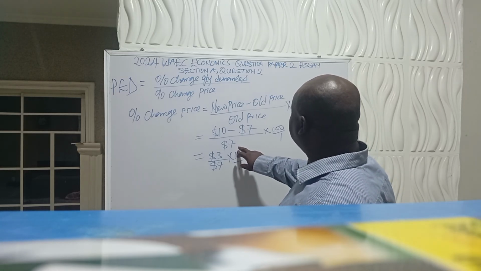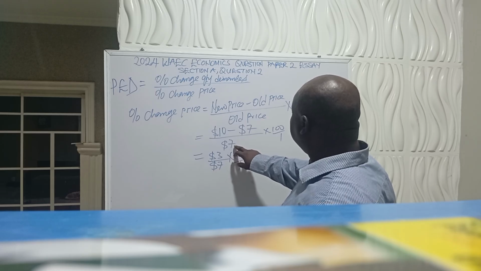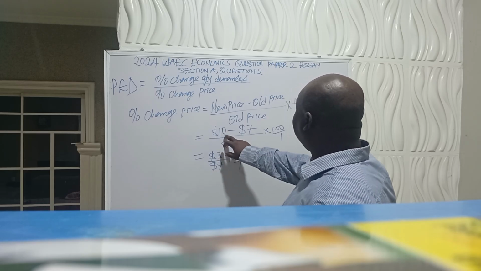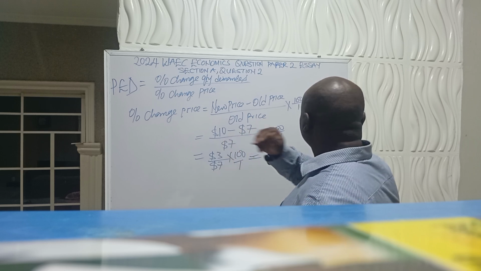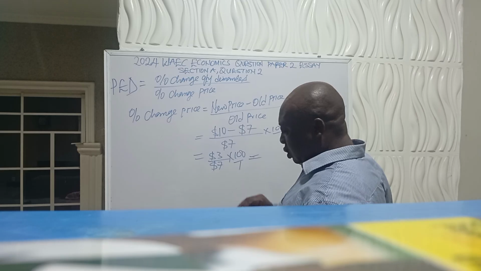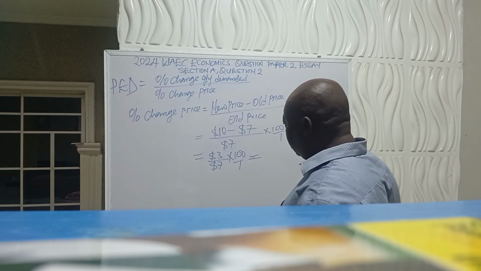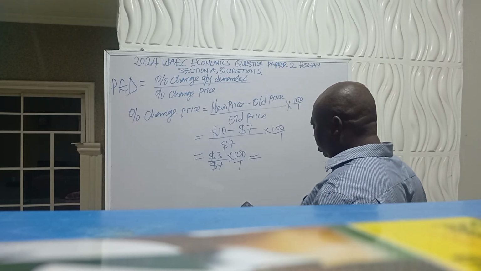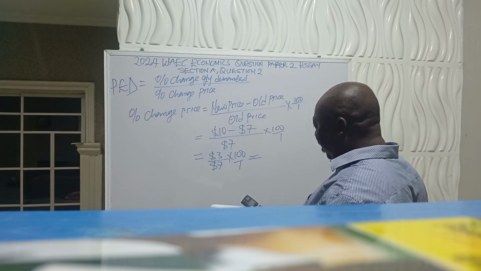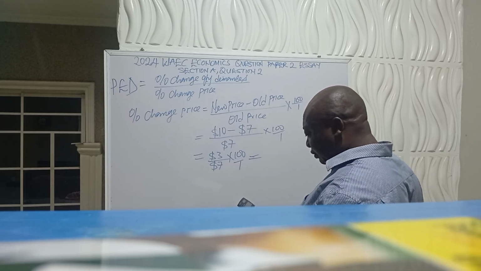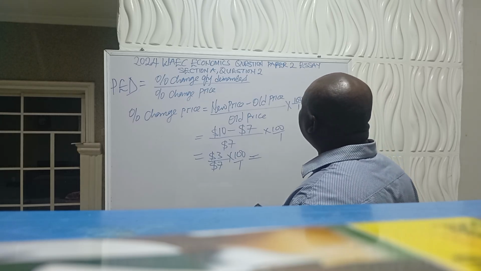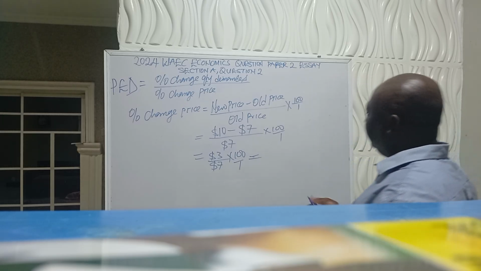The old price is this. We said new price, that is 10, minus old price over old price. So it will be 3. Is there any mistake somewhere? 3 over 7 times 100. So let me go through the question again.